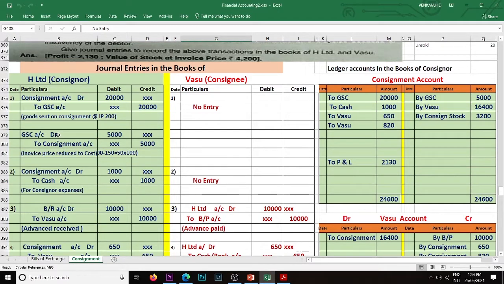For the difference we passed a reverse journal entry, GSC account debit to consignment account. That same was posted here to bring the invoice price to cost price. So we got 2,130 as the profit on cost. Profit on cost. Okay students.